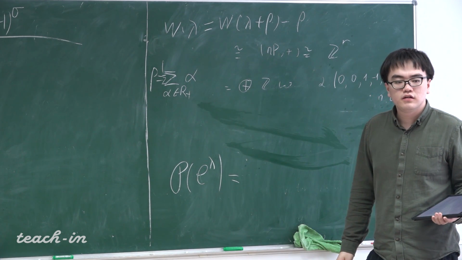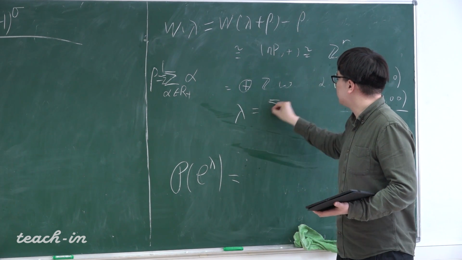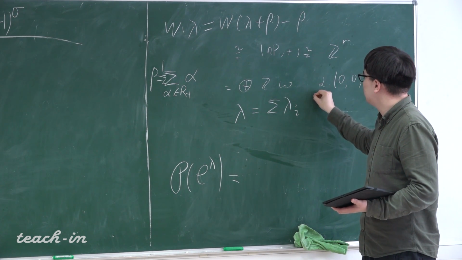You have epsilon i, epsilon j. If you write rho, we have some lambda, something like lambda i epsilon i.